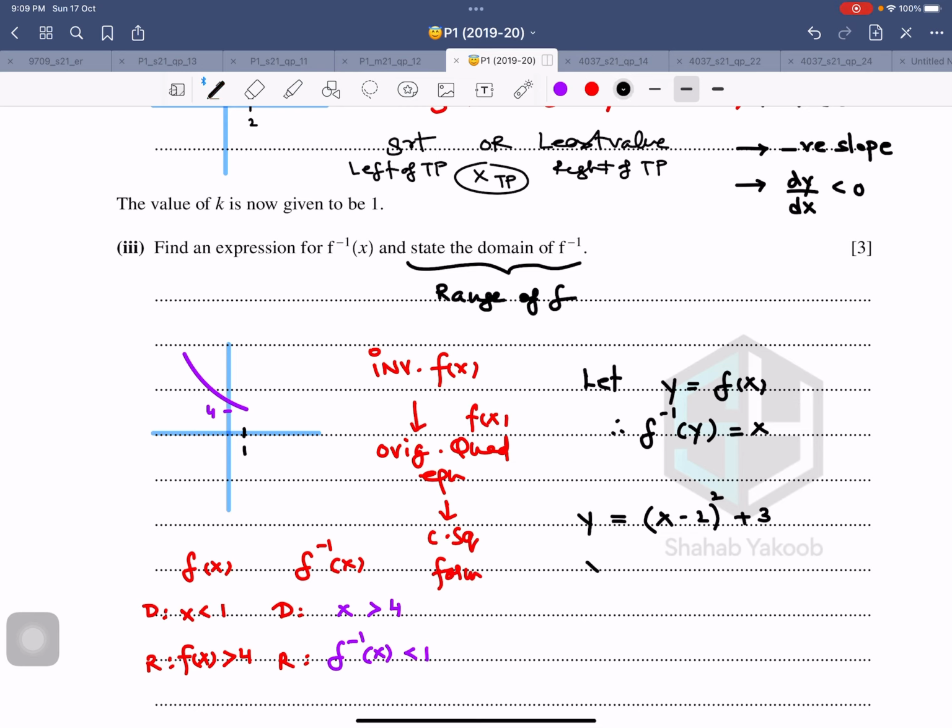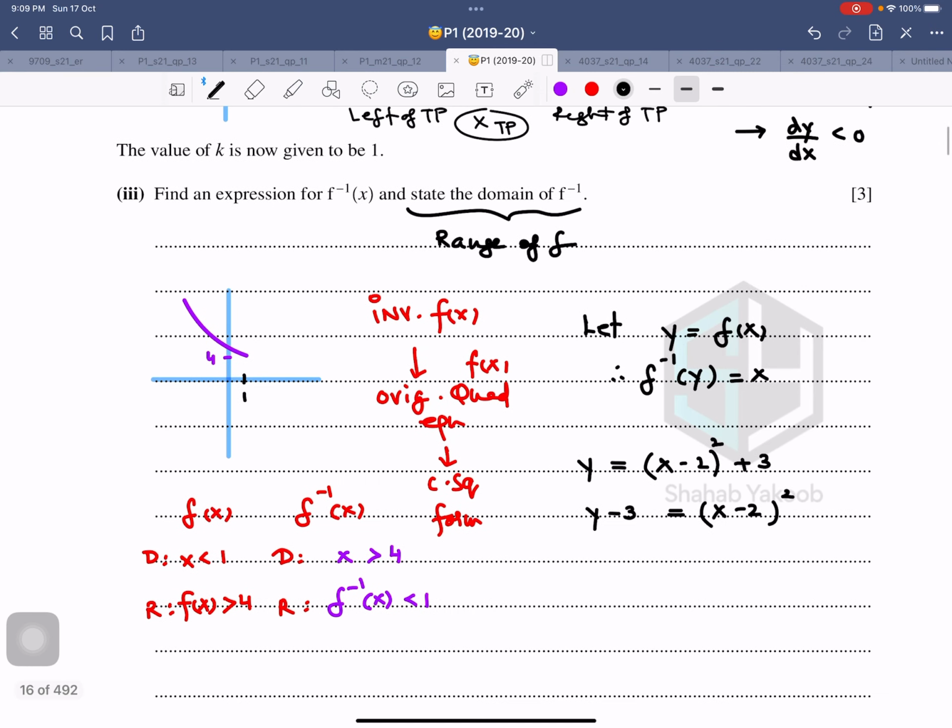So therefore, y minus 3 is (x minus 2) whole square. Square root of (y minus 3) is equal to x minus 2. Give the square root a negative sign. Why? Because we are going left of turning point. So therefore, x is equal to 2 minus square root of (y minus 3).